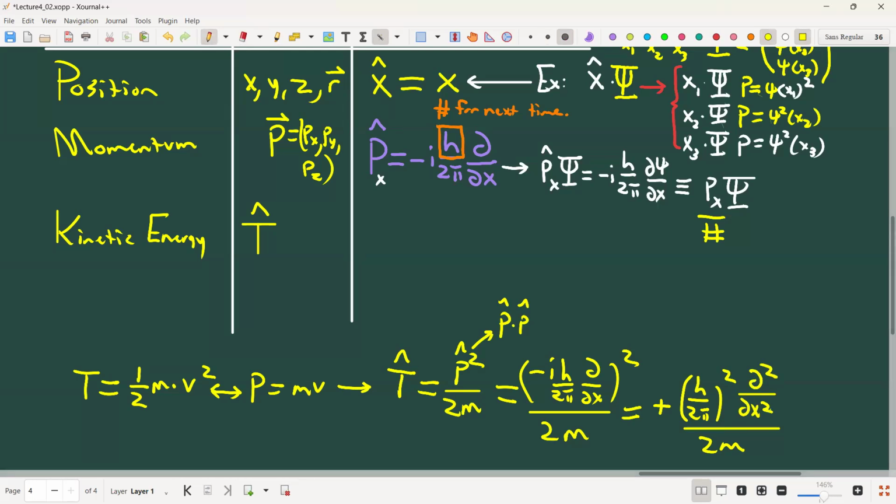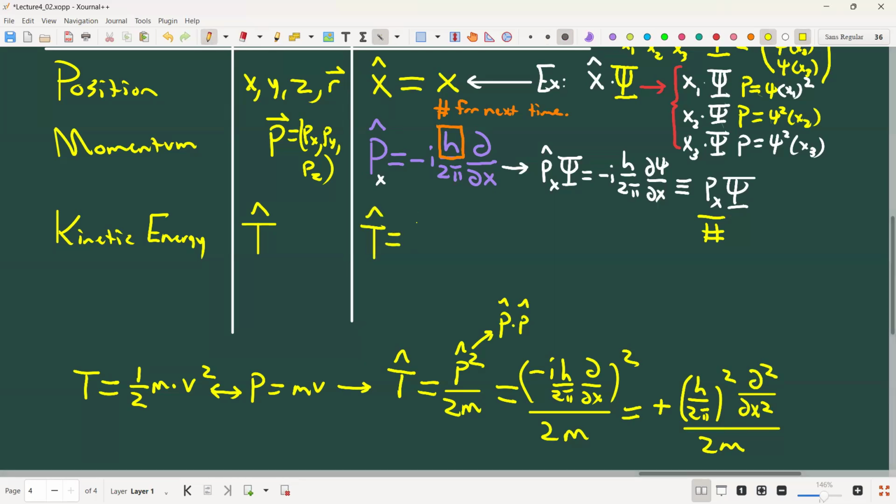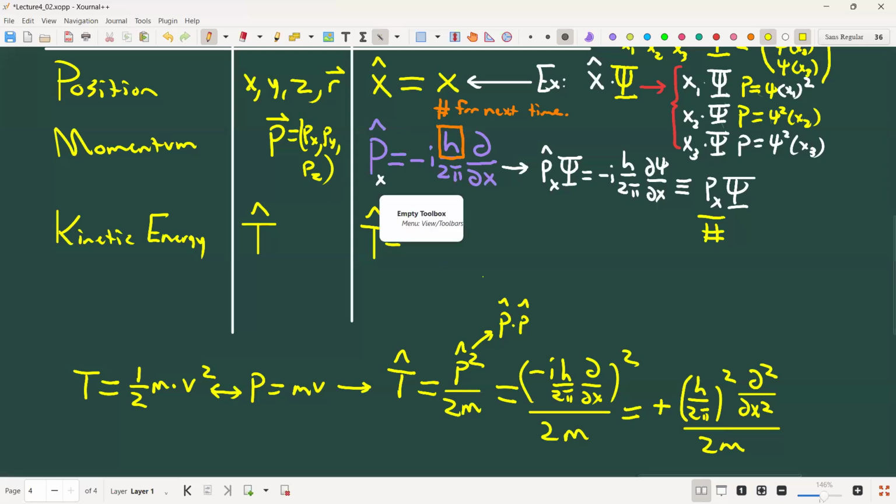So I can simplify all of that, and what I get is that T is h over 2 pi squared. Sorry, that's my bad, we haven't introduced h bar yet.